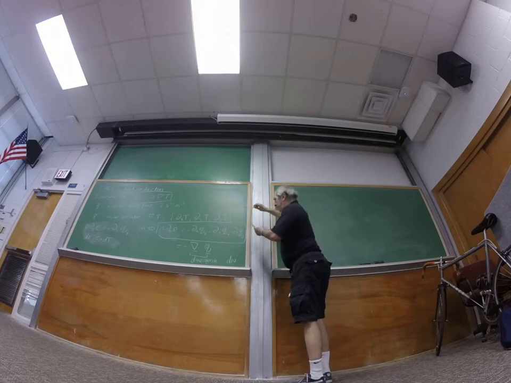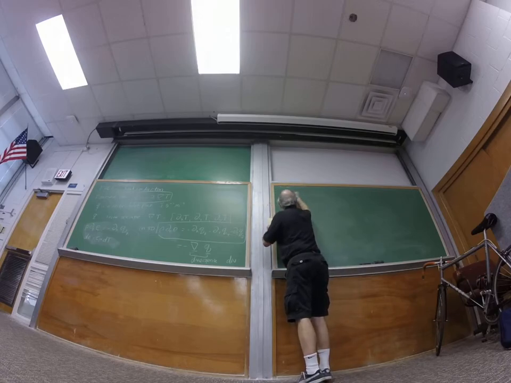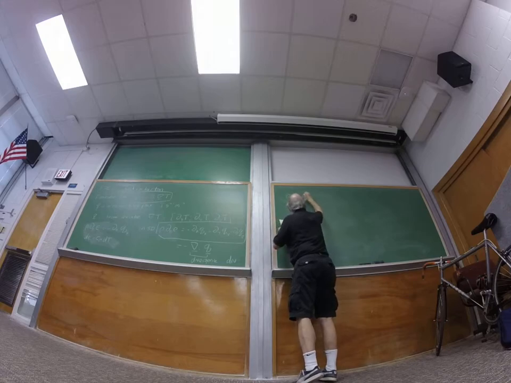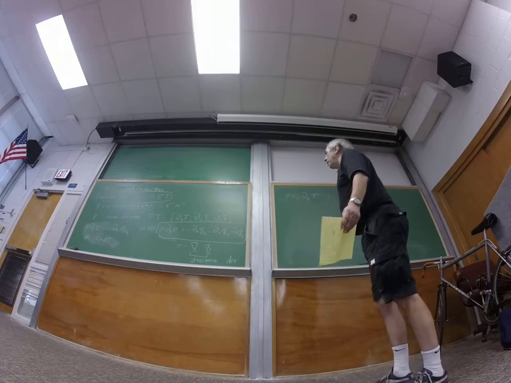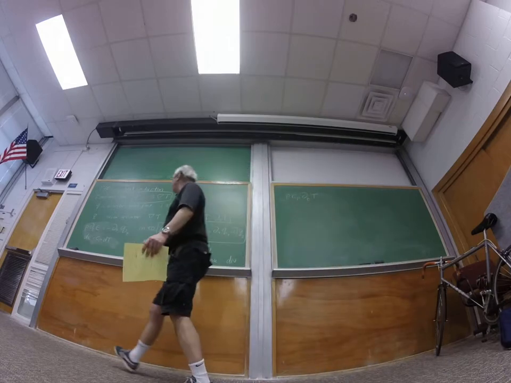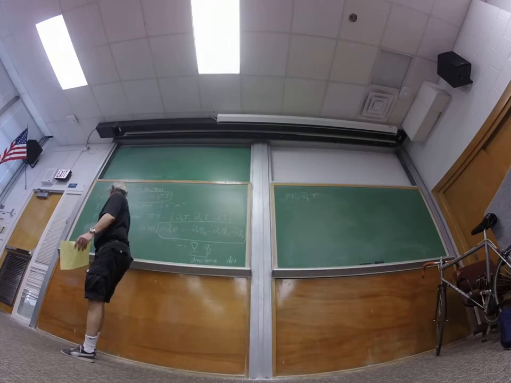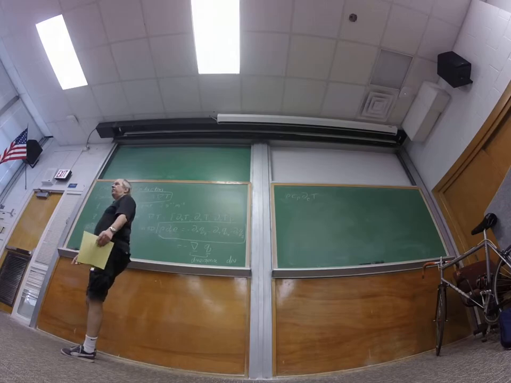So then on the left-hand side, I just have rho Cp times the partial derivative of the temperature, because I've replaced the partial derivative of little e with the partial derivative of temperature.